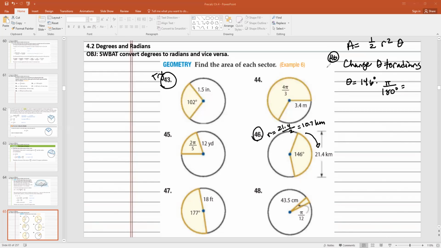what number goes into 146 and 180? Well, they're both even, so about 2. So we get 73 and 90.